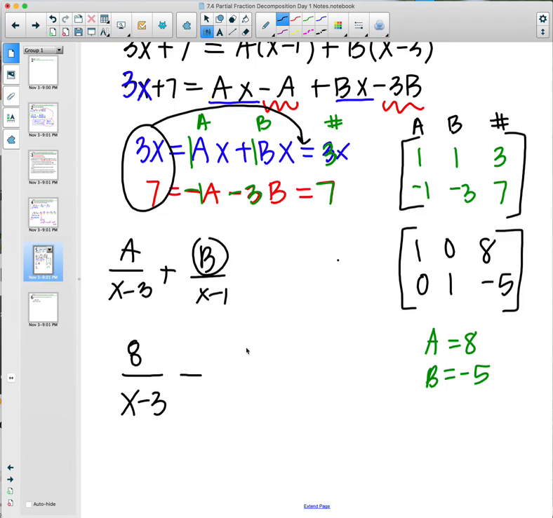So we're going to put the minus in instead of the plus and then put that 5. So that you can see this, let me put a little bit of color here. So this A was 8, so we put that in here. And then this B was negative 5. So we put the negative and then the 5. And then that's your final answer.